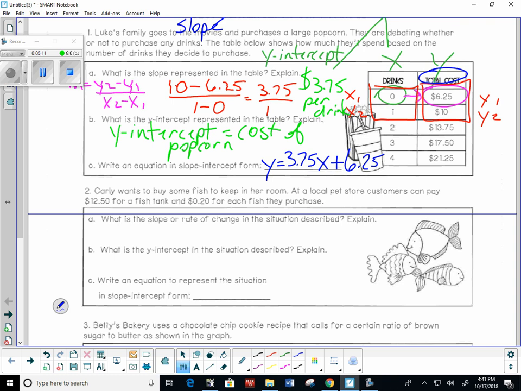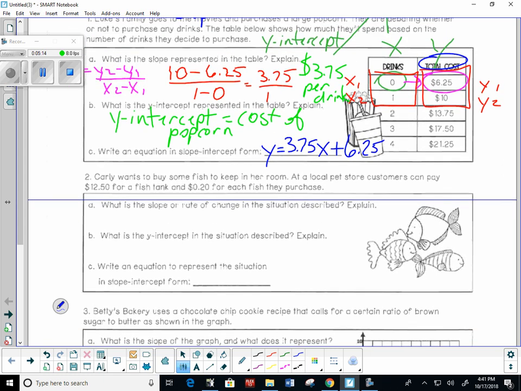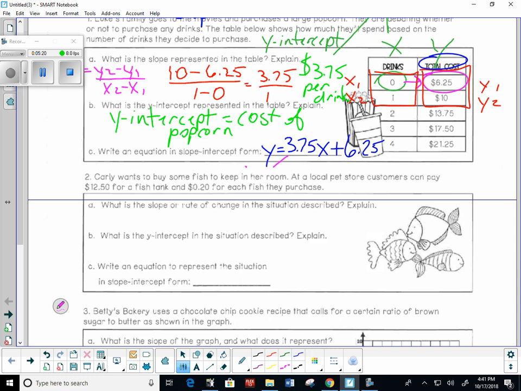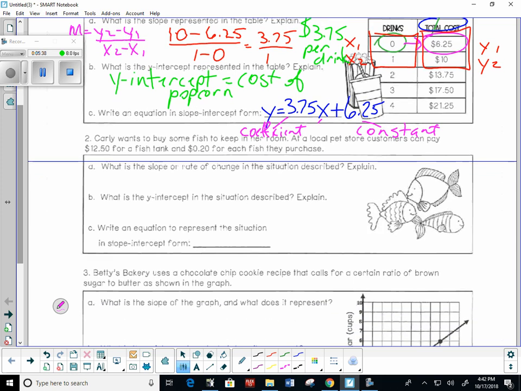Okay? And so the next problem. And remember, guys, these are things that you've already seen this year. This is our coefficient times our variable, and the 6.25 is our constant. So these are all interchangeable. Our y-intercept is our constant in our slope-intercept form once it's simplified to this equation.